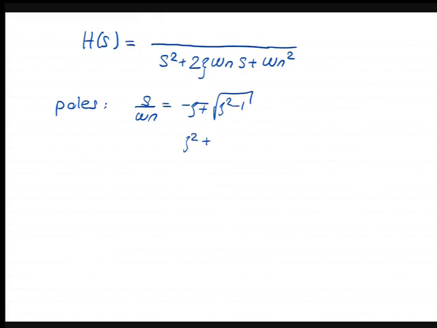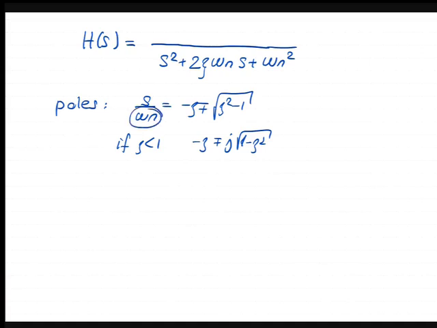So, okay, let me write this. Okay, zeta is smaller than 1. Okay, so let me be a little more clear. If zeta is smaller than 1, then I have negative zeta plus minus j times the square root of 1 minus zeta squared. Is that better? Okay. Now tell me the magnitude of this. Zeta squared plus 1 minus zeta squared, which is 1. Right? So these are complex conjugate poles on a circle of radius 1.